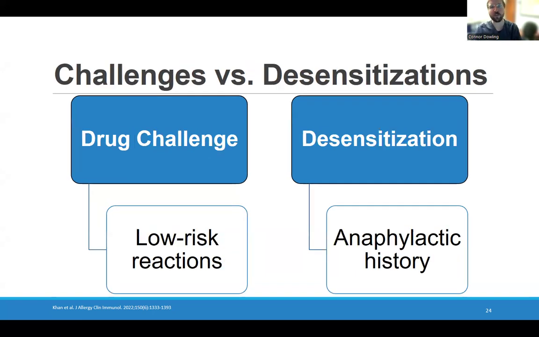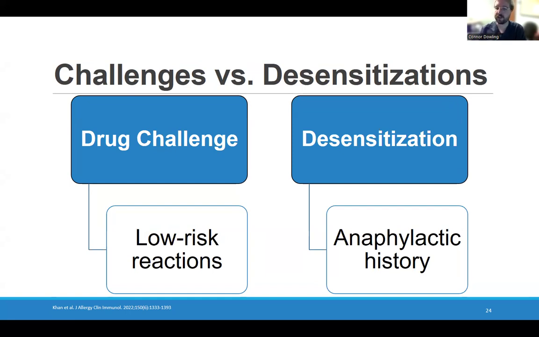But in terms of another delineation, because there are a lot of different terms when we think about allergies, I'm sure you all have heard about challenges versus desensitizations. So I just wanted to provide a little clarity between the two. In general, they are not the same process.